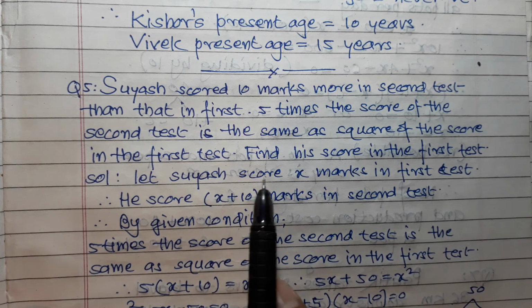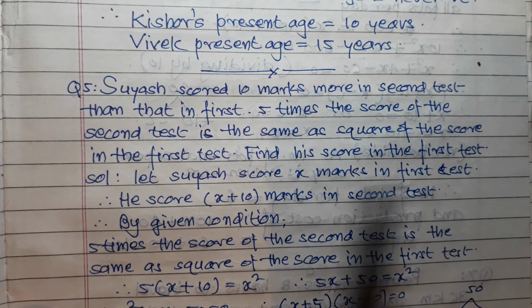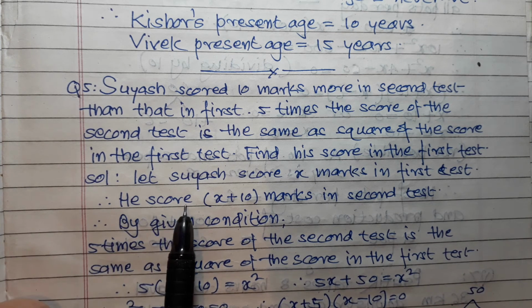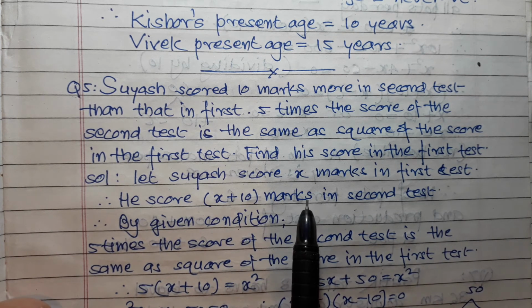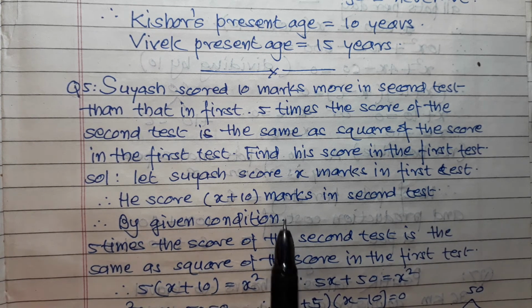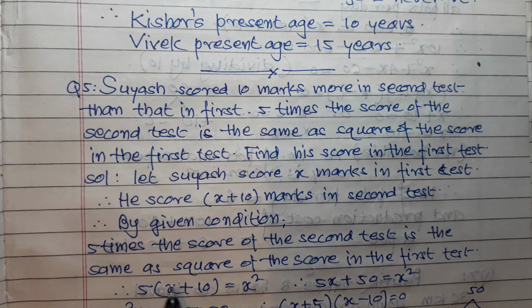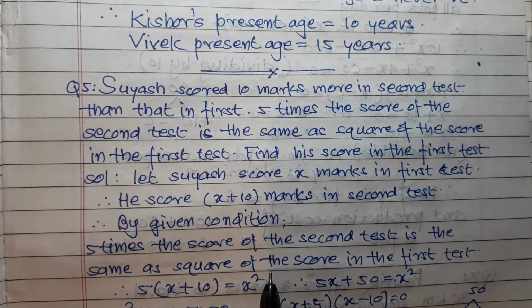Let Suyash score x marks in the first test and therefore he scores x plus 10 marks in the second test. Then by the given condition, 5 times the score of the second test is the same as the square of the score in the first test, and therefore 5 into x plus 10 is equal to x square.